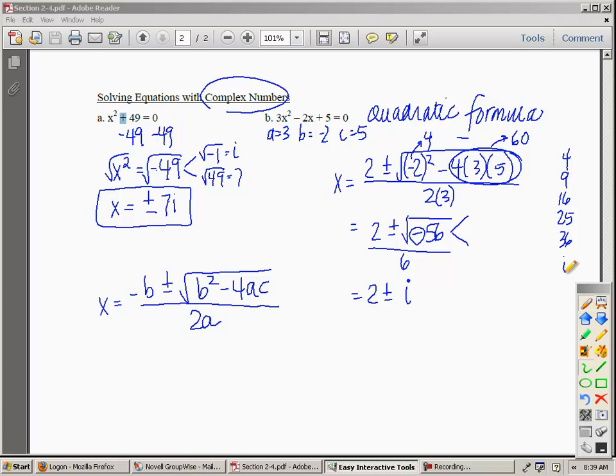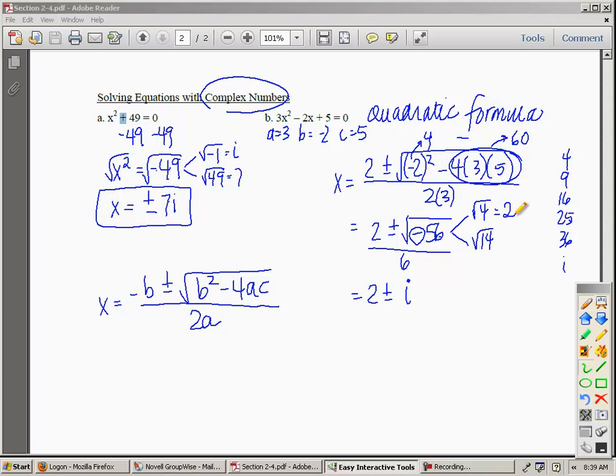You always want the biggest one, so I start dividing 56 by 36. Do you get a whole number? No. 56 by 25, do you get a whole number? No. 56 by 16, do you get a whole number? No. 56 by 9, no. 56 by 4, yes. It ends up being the square root of 4 and the square root of 14.